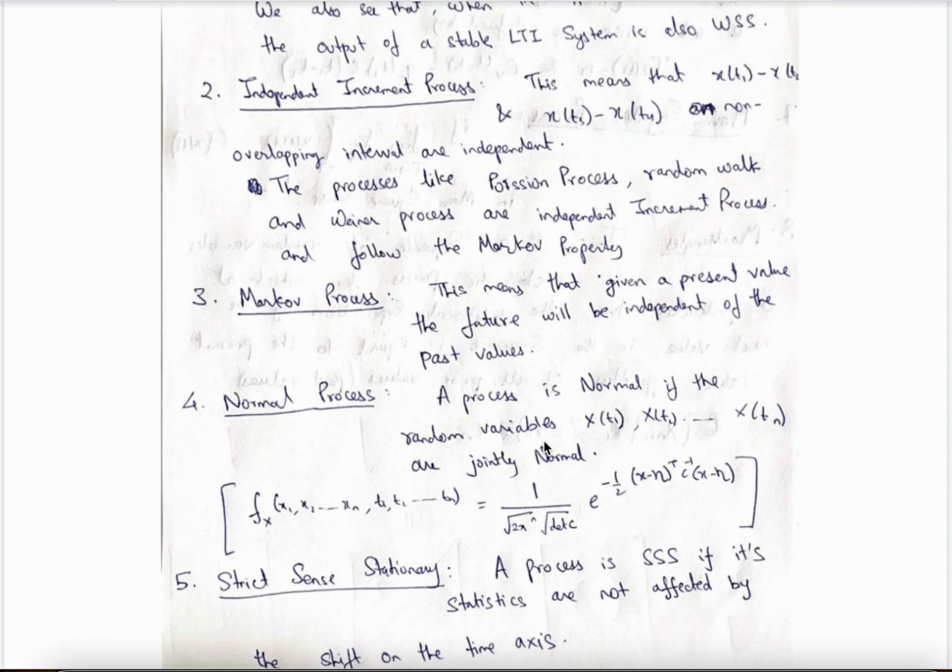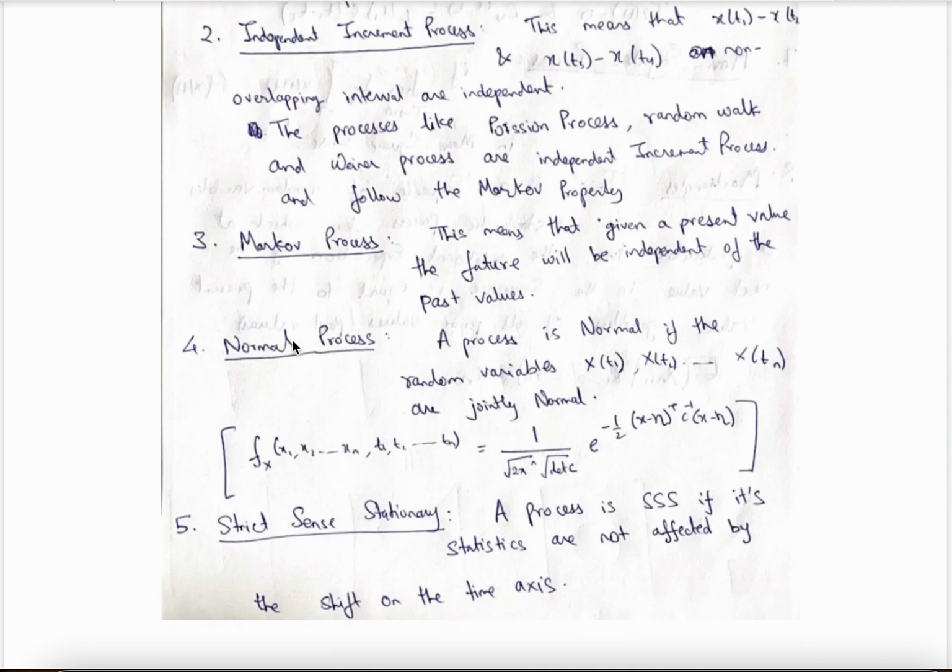Next process is the normal process. A process is said to be normal if the random variables x(t1), x(t2) and so on x(tn) are jointly normal. Its PDF is given by f of x1, x2 and so on xn, t1, t2 and so on tn, which can be written as 1 by (2 pi)^(n/2) root of det C, where C is the covariance matrix, times exponential of minus half of (x minus mean) transpose C inverse (x minus eta).